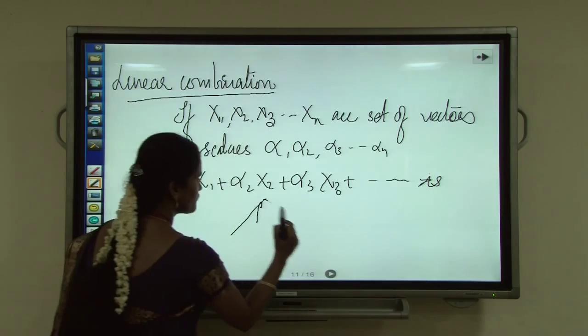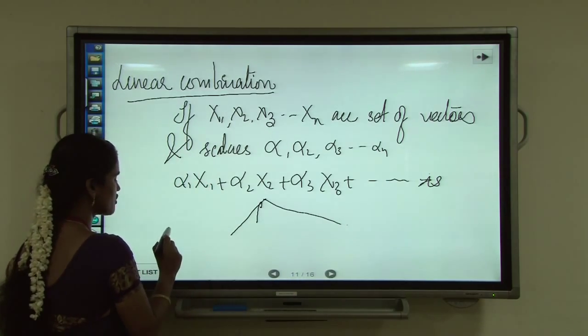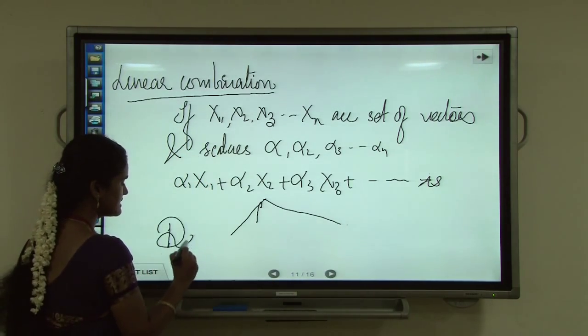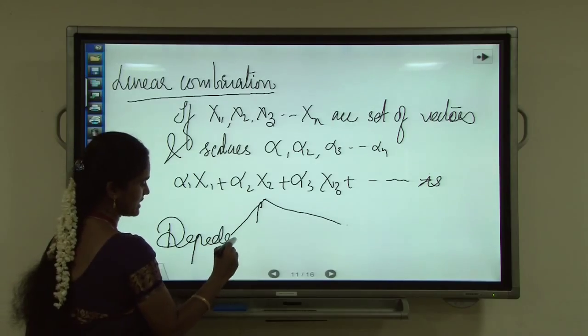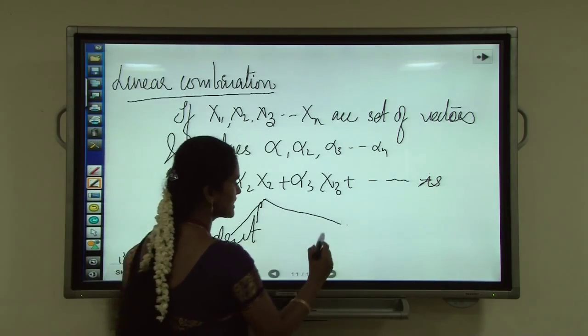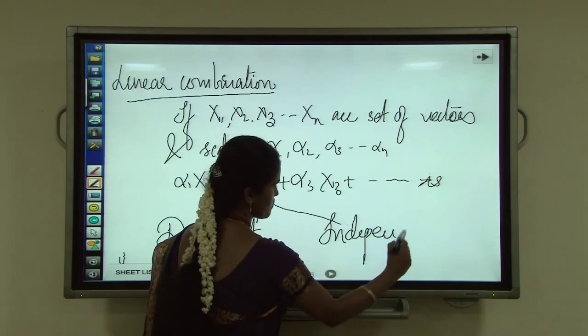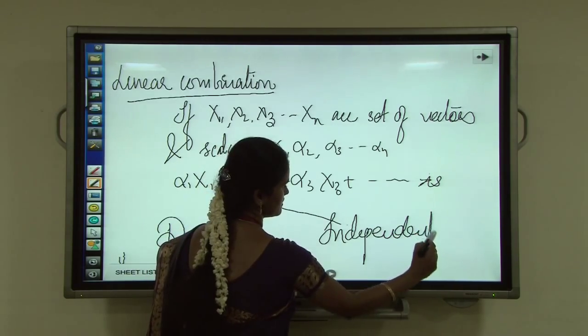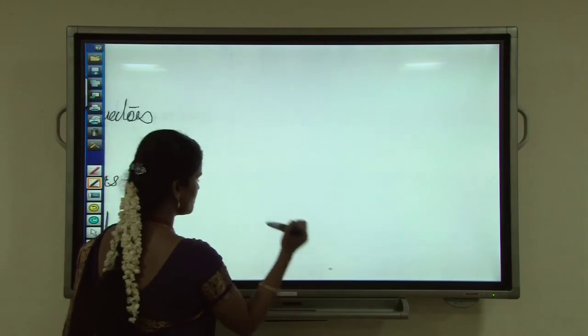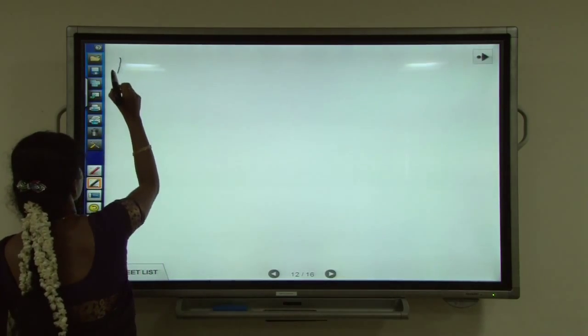Following the linear combination, we have linearly dependent vectors and linearly independent vectors.